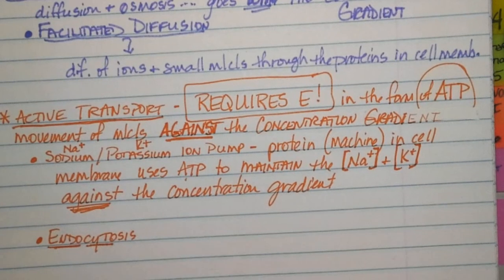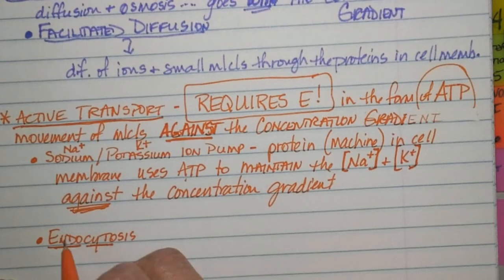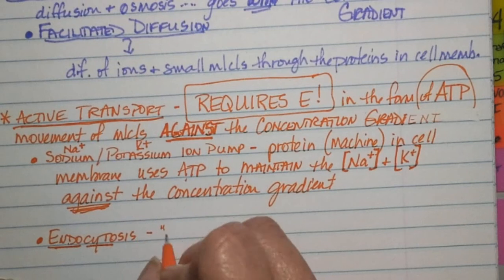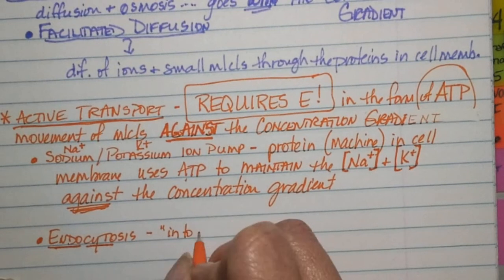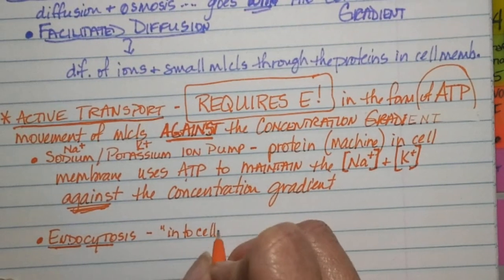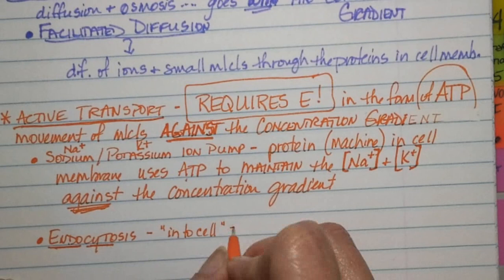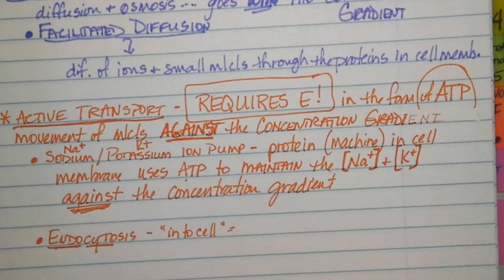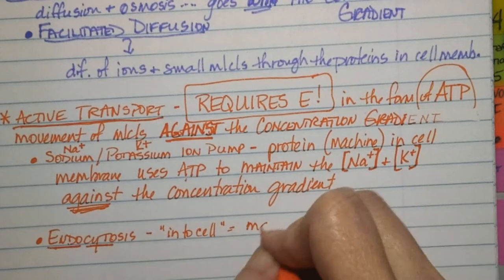If we translate it, it means into the cell. When you talk about endocytosis, it's a way of getting something into the cell by reaching out, grabbing it, and engulfing it. They reach out and bite down on it and engulf it. This is when material from the outside is engulfed.